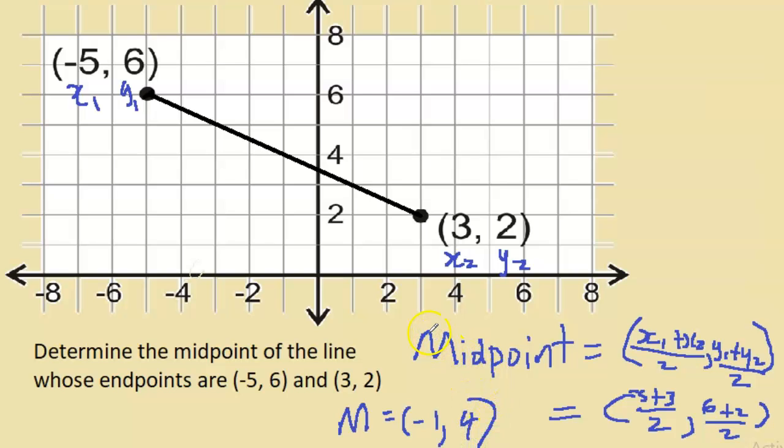Alright, so the midpoint is minus 1, 4. Going from the origin, you go to the left 1 unit and then 4 up: 1, 2, 3, 4. So the midpoint of the line will be found somewhere there.